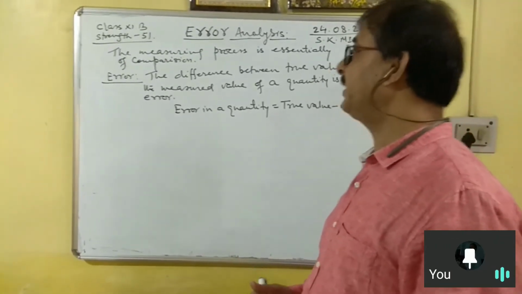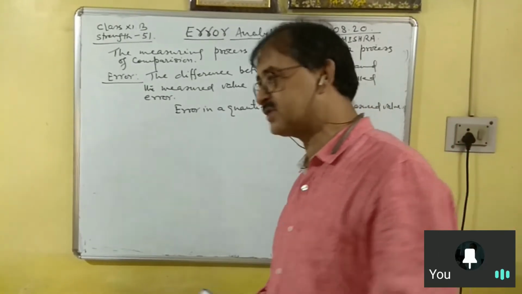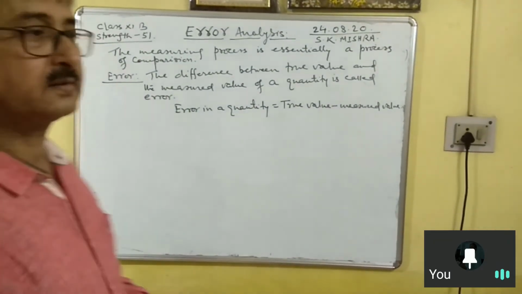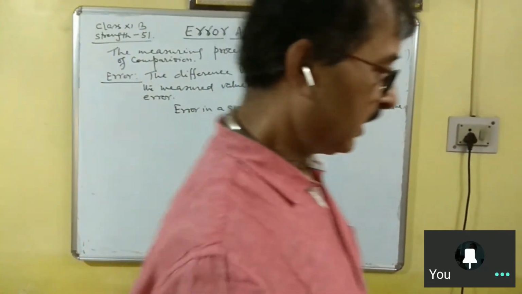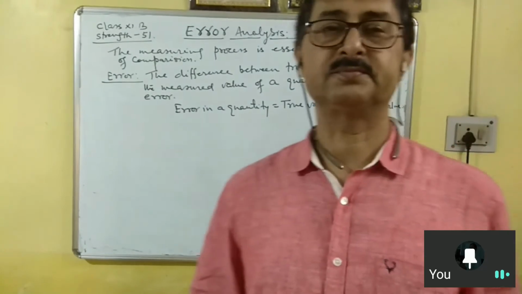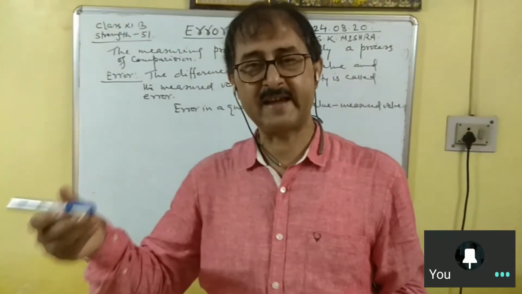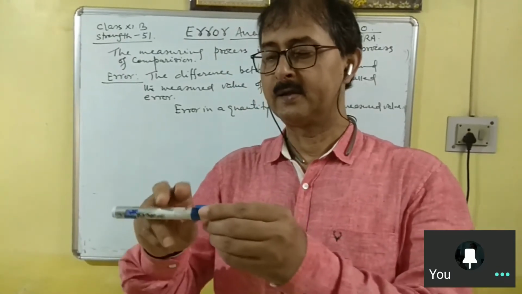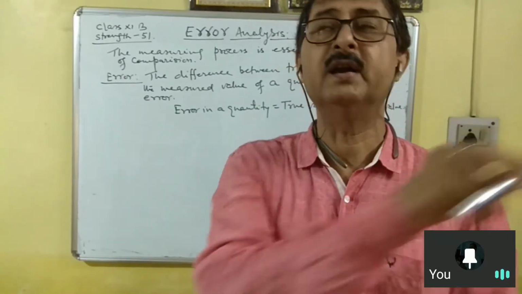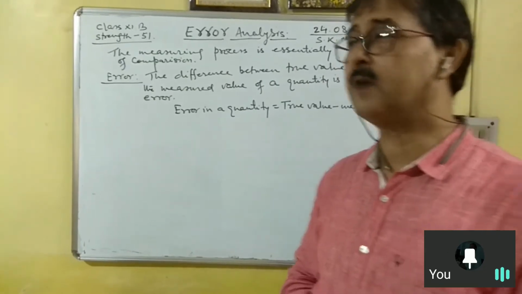Now, what do you mean by measurement of a physical quantity? The measuring process is essentially a process of comparison. Suppose you are going to measure the length of a rod and the length is say 5 meter. If you place a 1 meter rod scale 5 times, 1 meter, then again 1 meter, then again 1 meter, then again 1 meter, it's nothing but 5 times of 1 meter.